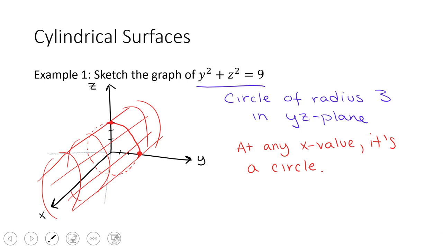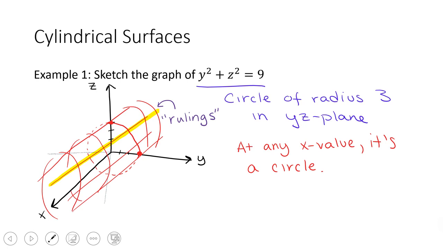At any x value, wherever you are slicing this along the x-axis, you're going to see that exact same circle. That's what I've tried to draw on my graph. And so this is the graph of a cylinder. That's why it's called a cylindrical surface.